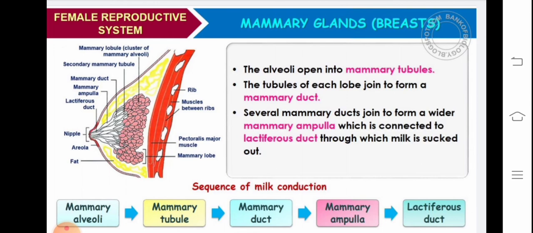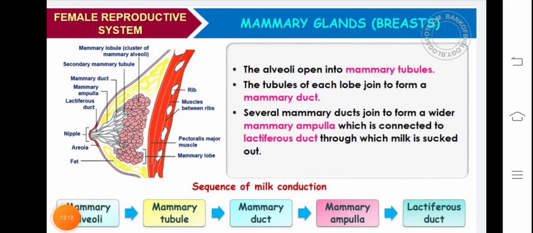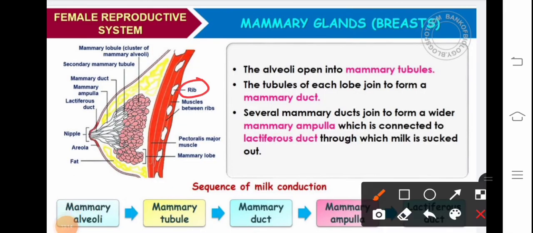So here is the picture. In this picture you can see the structure of ribs. In front of this there is a muscle called pectoralis major muscle, and in front of this is the breast.